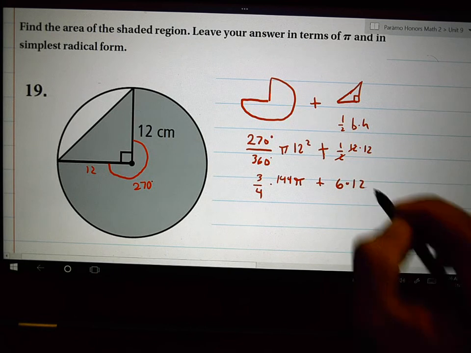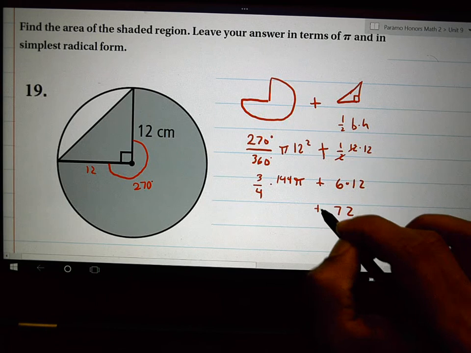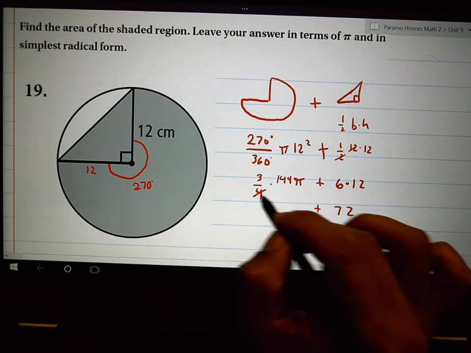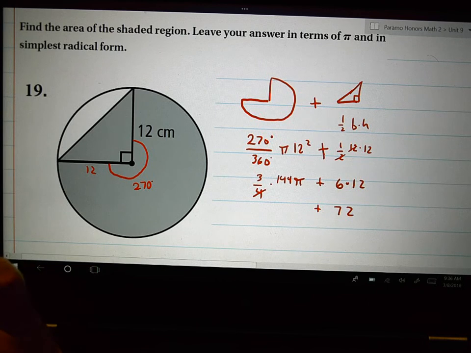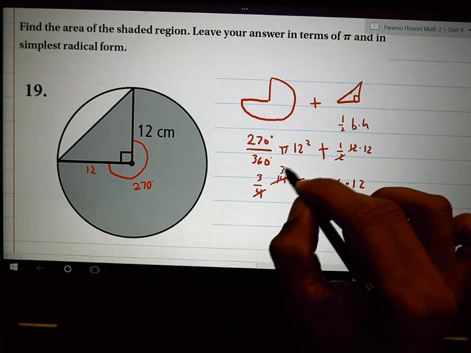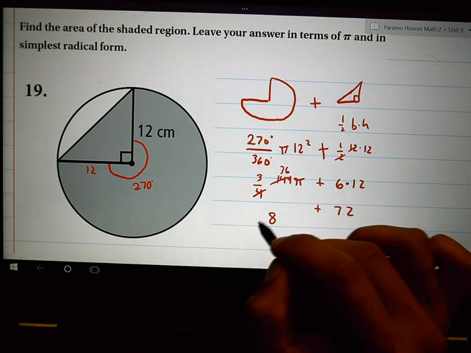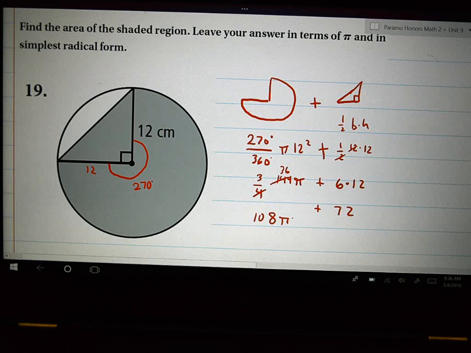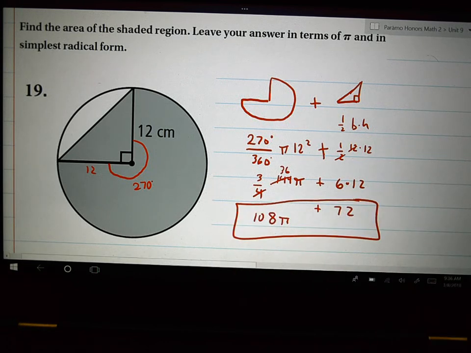I'm going to work that out. 6 times 12 is 72. 4 goes into 144 36 times. 3 times 36, 18, 9, 108 pi plus 72. Leave your answer in terms of pi and in simplest radical form. There is my answer. 108 pi plus 72.